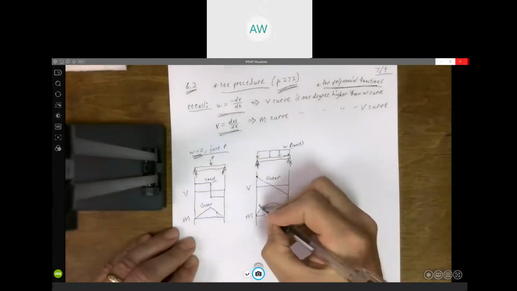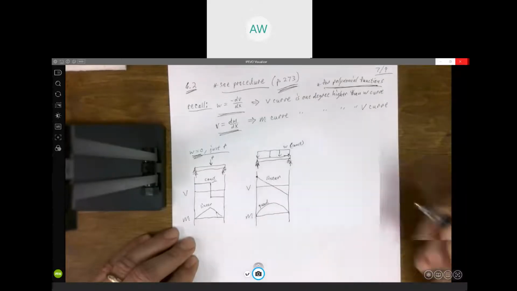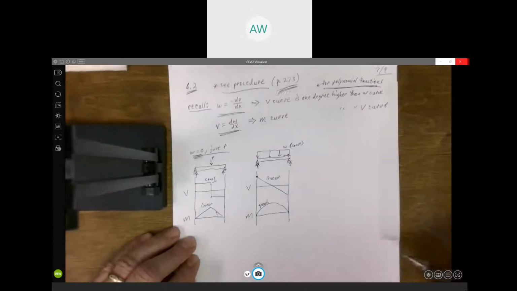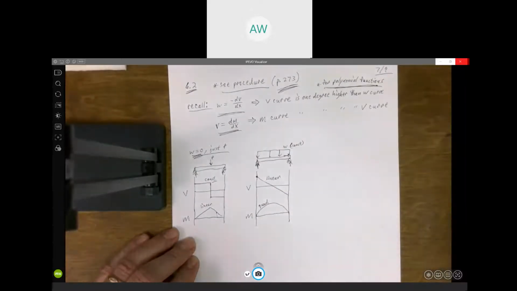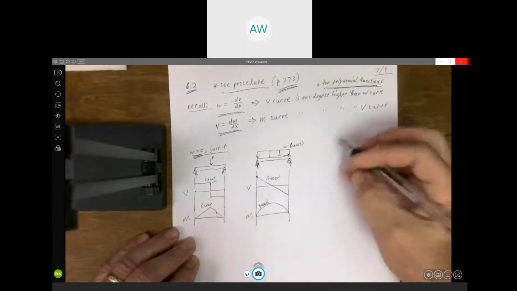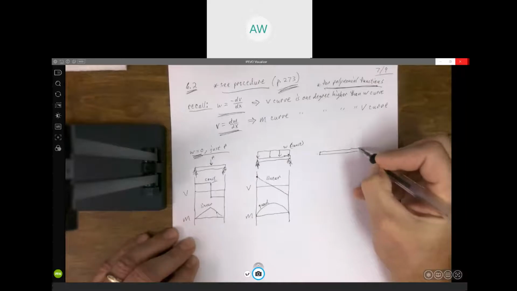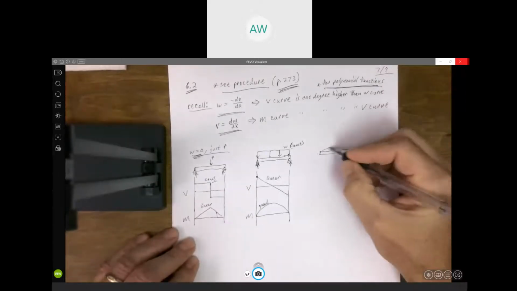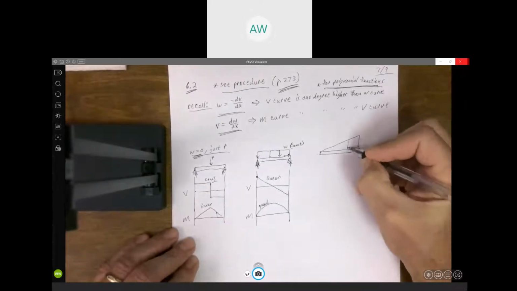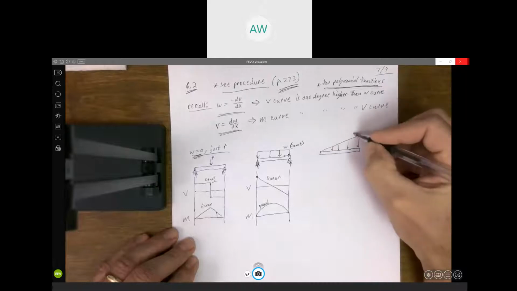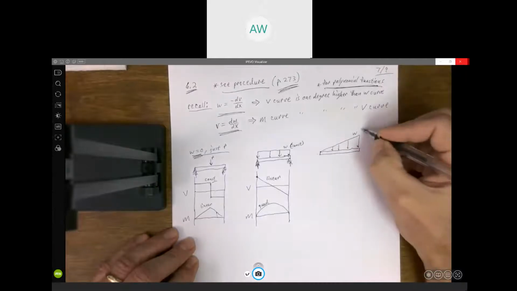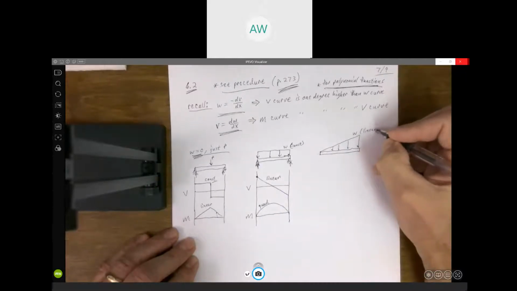And it's going to be a quadratic, one degree higher. And let's do one more. Let's look at if we have a linear distributed load. So here we got a distributed load that's linear.